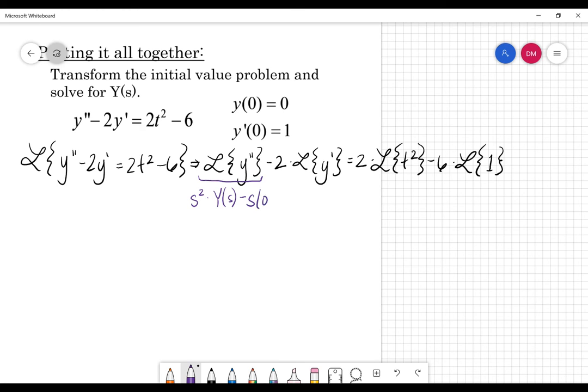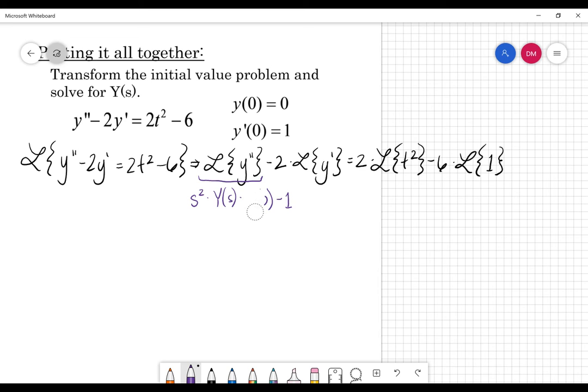So continuing on, minus s of 0 minus 1. Where does that come from? Because I evaluated y prime of 0 right here, and it is equal to 1. So if we evaluate s of 0 right here, that's going to also eliminate. And I actually wrote that wrong.